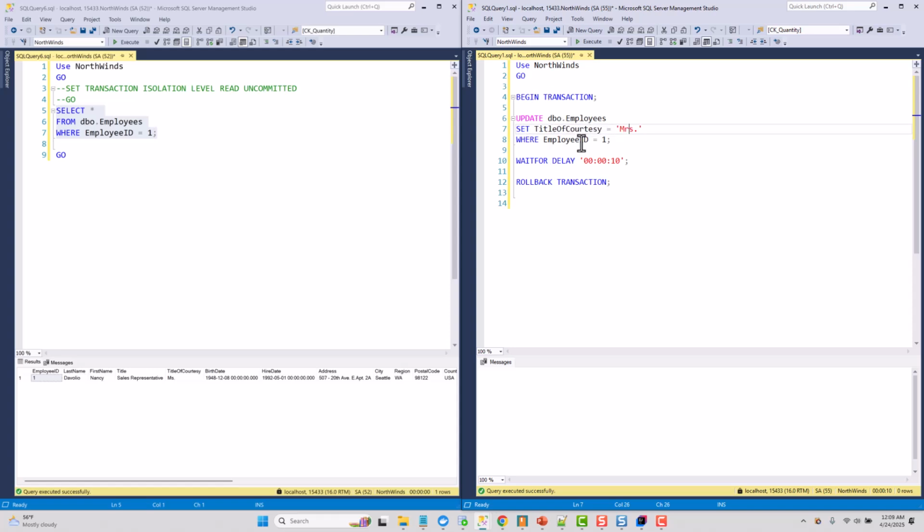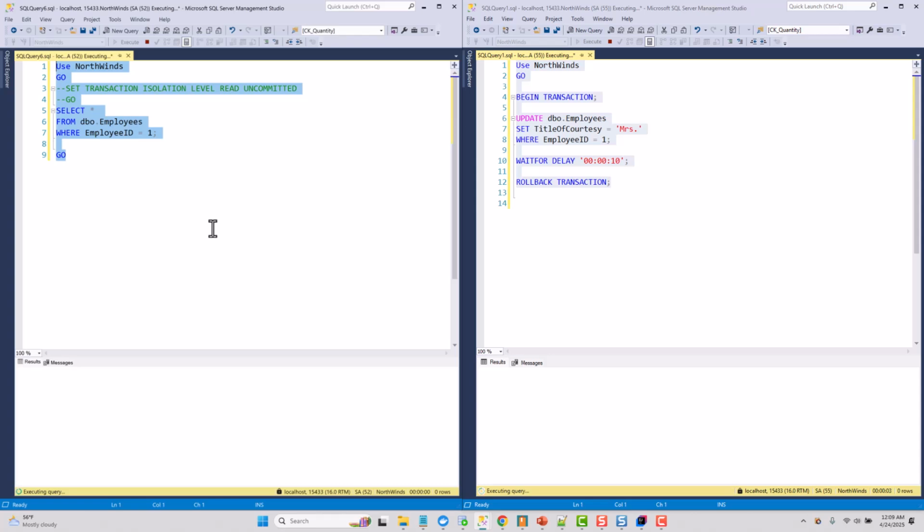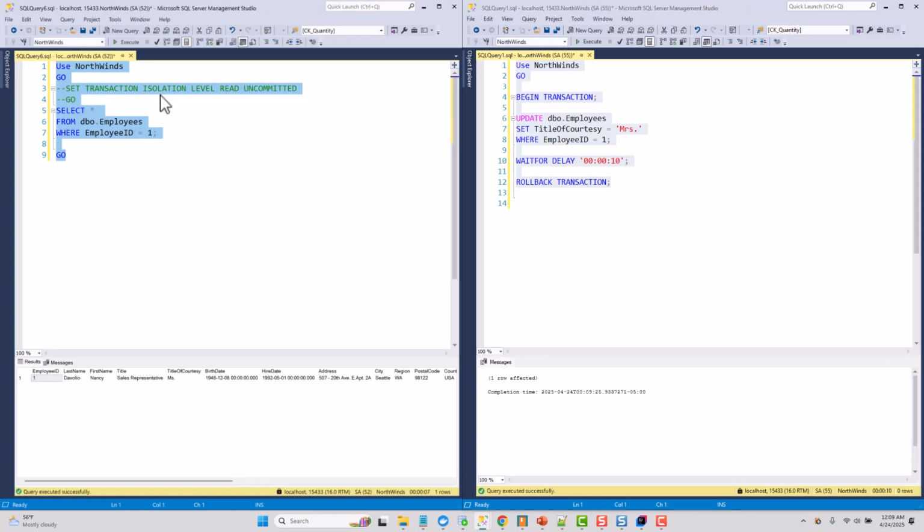We want to update the data to Mrs. Then we're going to sit there and wait for 10 seconds before we roll back that transaction. So we want to start this first, and we're going to execute this. Then we're going to come over here and execute this. Now, one of the things to note is I have not gone ahead and set that transaction isolation to read uncommitted.